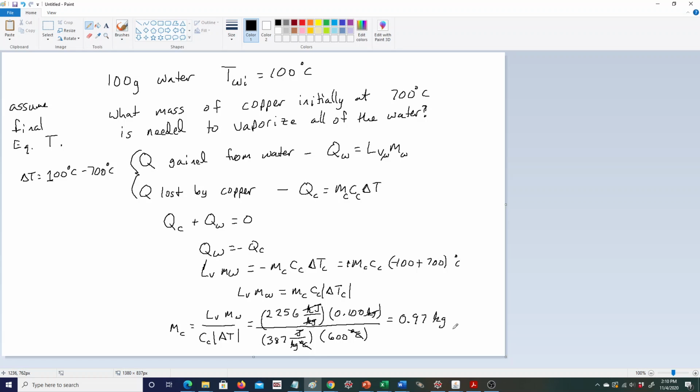So really what would happen is, assuming the energy from the copper goes into vaporizing the water, if there's any energy left over after the water has all been vaporized, then any energy left will go into raising the temperature of the steam, and that will further lower the temperature of the copper.